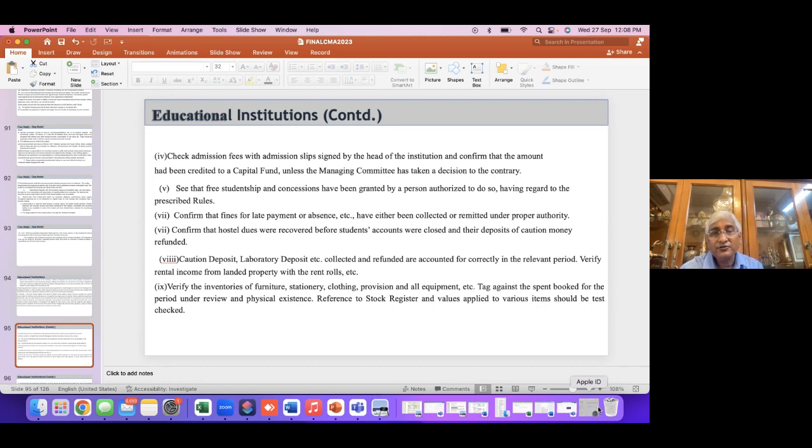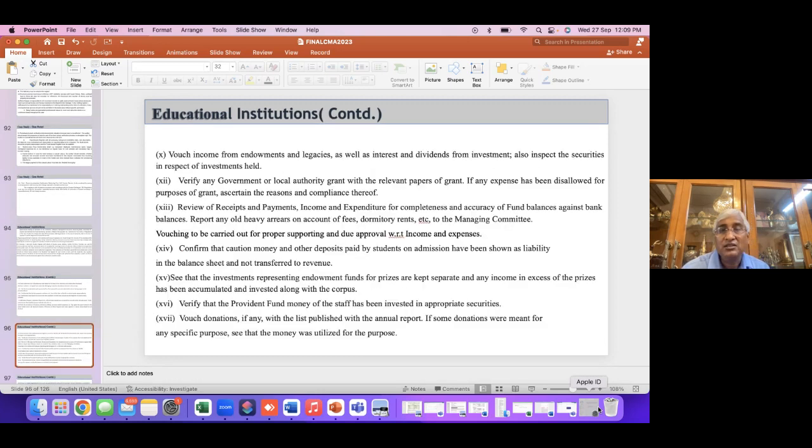Verify the inventories of furniture, stationery, clothing, provisions, and all equipment, etc., because nothing should be taken out without the permission or knowledge of the people, so that appropriate checks and balances are in place and there is no difference or shortage of the material which is supposed to be there.